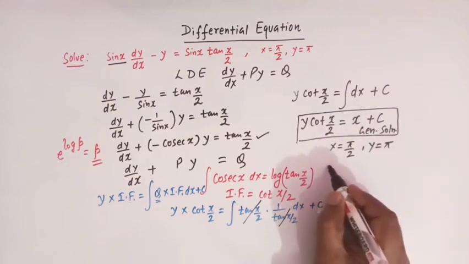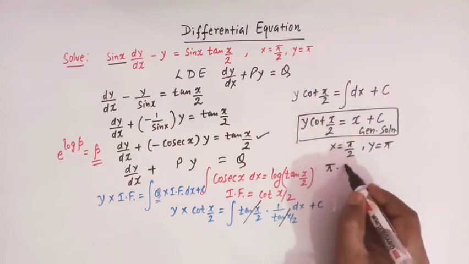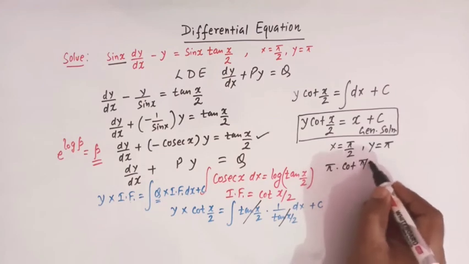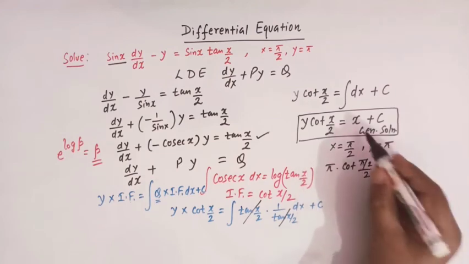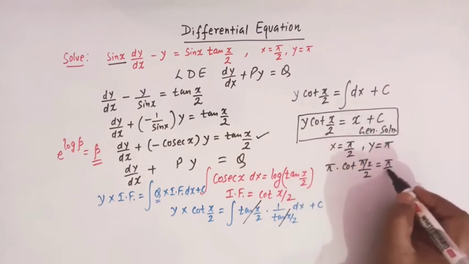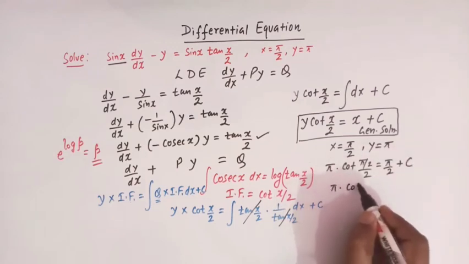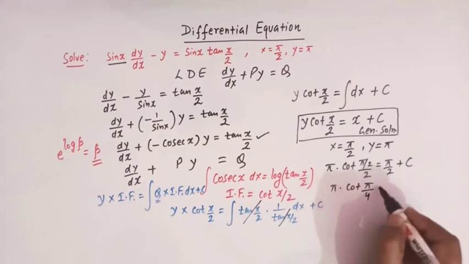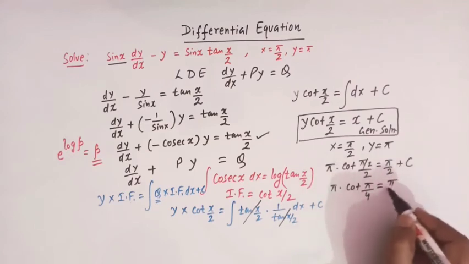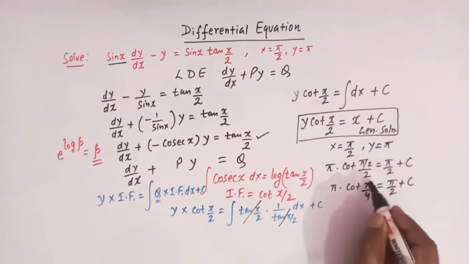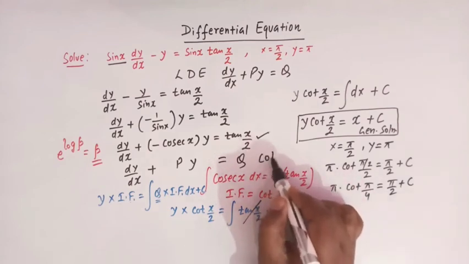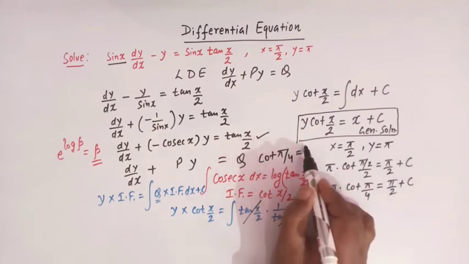So we have pi times cot(pi/4), and here we have pi by 2 plus c, and cot(pi/4) is equal to 1.